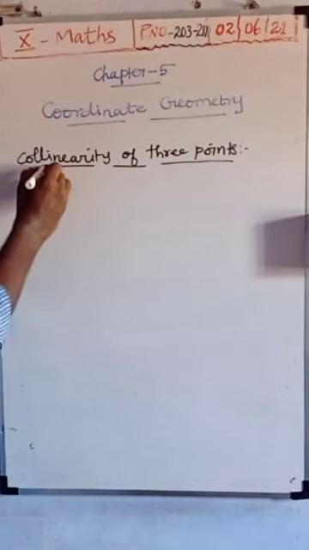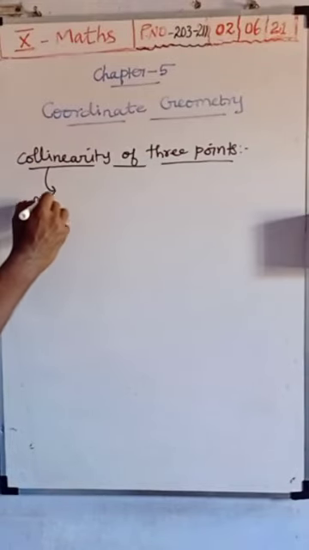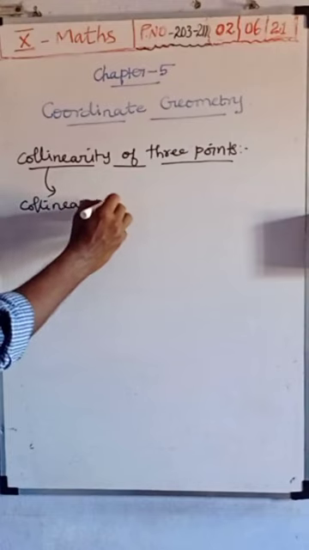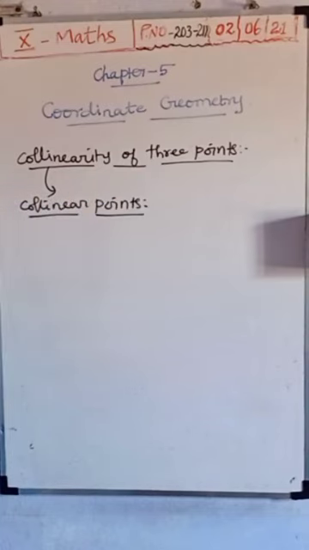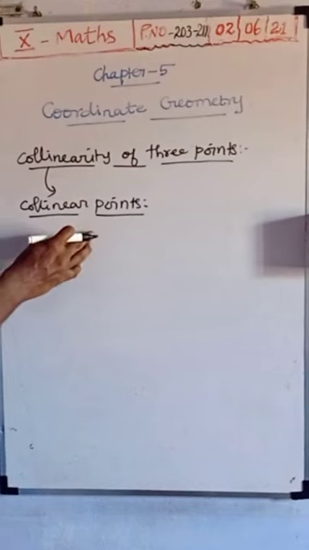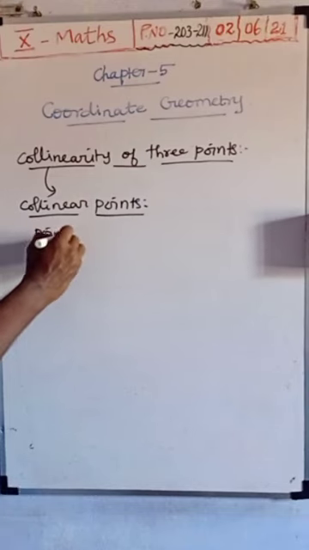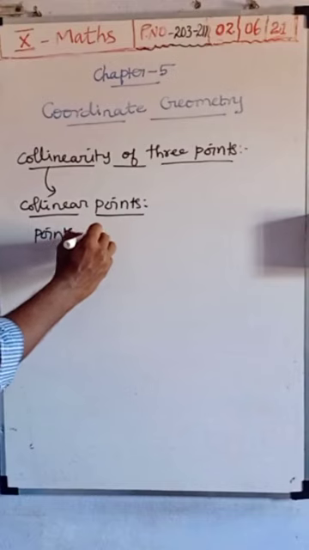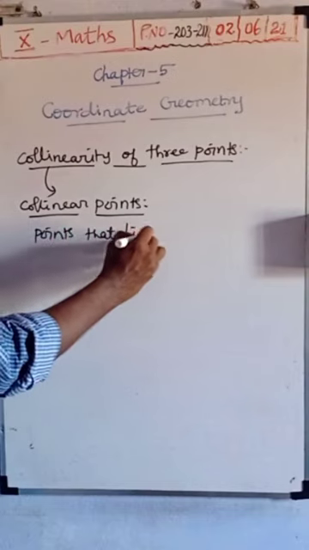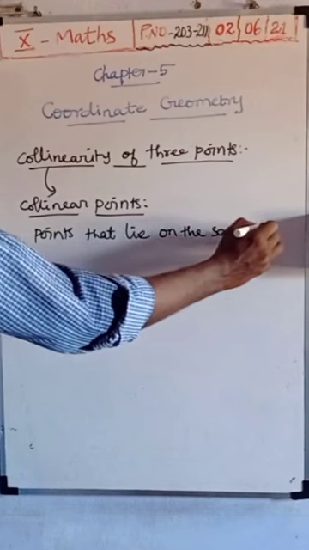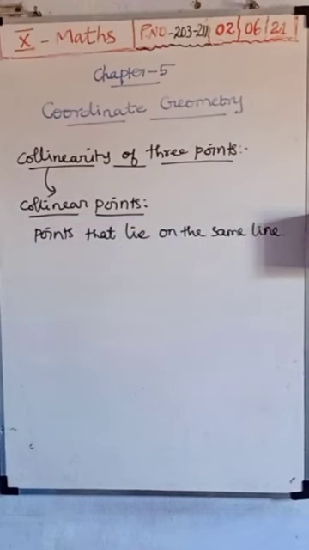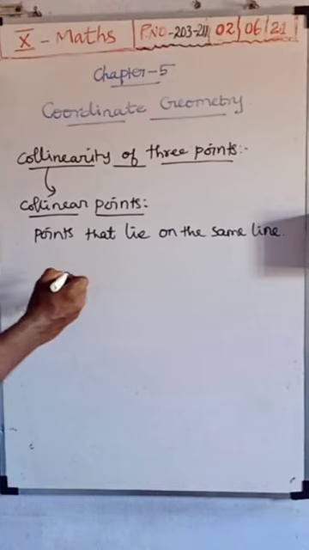Collinear points are points that lie on the same line. Okay, so two or more points that lie on the same line are called collinear points.